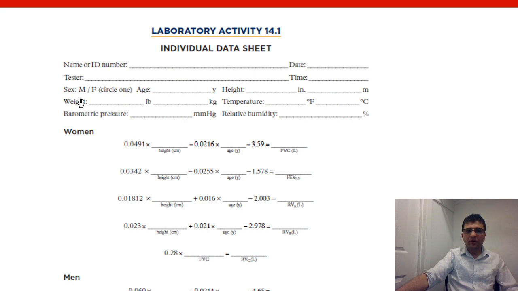Depending upon your gender or sex, if it's male, use the bottom half. If you're a female, use the top half, and put your age in years and your height in centimeters. If you know your height in inches, just get it converted into centimeters. It's not written here, but you need to convert it into centimeters to put it in these equations.